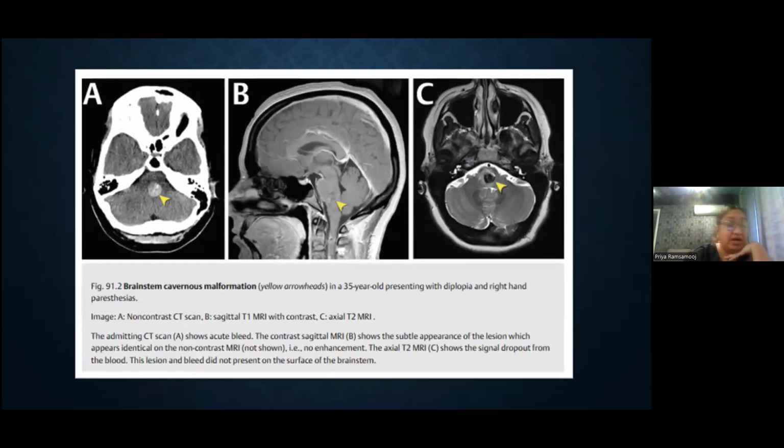This is an example of a brainstem cavernous malformation that you can see pointed out by the yellow arrows. So in essence, on CT, the patient had an acute bleed. And then on B that we're looking at, we can see the subtle appearance of the lesion, which almost appears identical to what we're seeing here on picture C, right? Where you see that in essence, the bleed did not present.